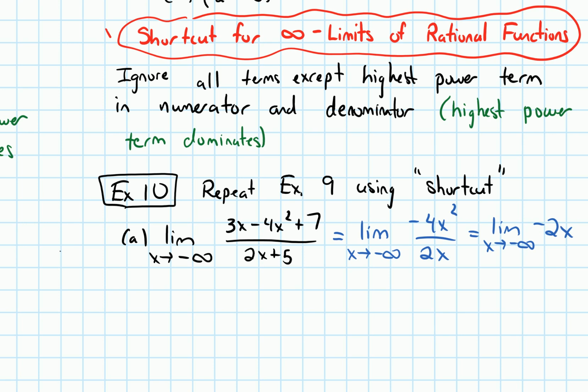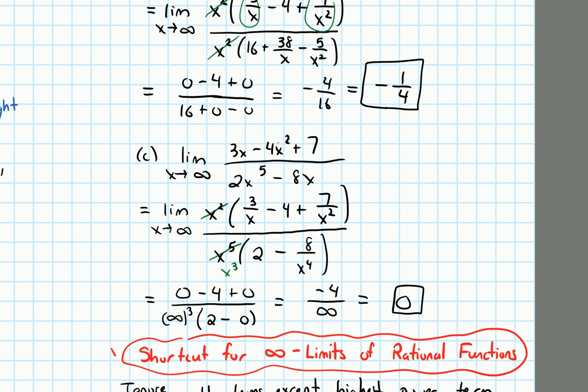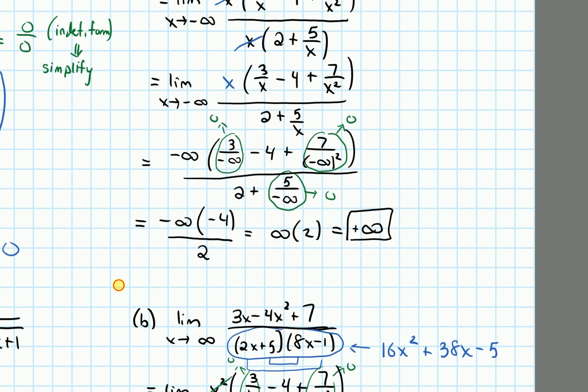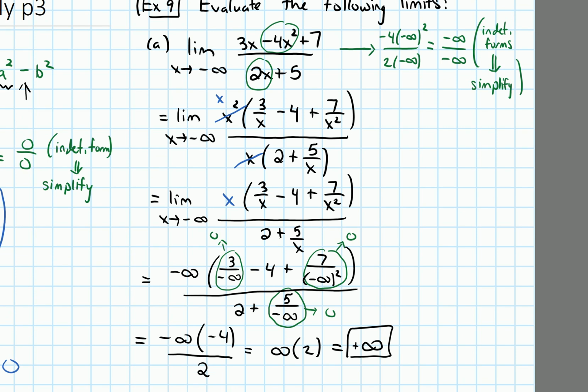Now we are good to plug in. It's negative 2 times negative infinity, which is positive infinity. Comparing with part A from the previous video, we also got positive infinity, but this is significantly shorter doing it the shortcut way.